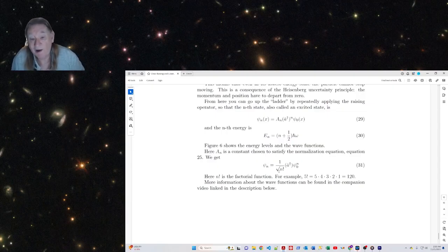For example, 5 factorial is 5 times 4 times 3 times 2 times 1, or 120. So this completes the explanation of the Dirac method of solving the harmonic oscillator. I refer you to the companion video that's linked in the description for more information about the wave functions. You can also go to Griffiths and you'll get a little more information.